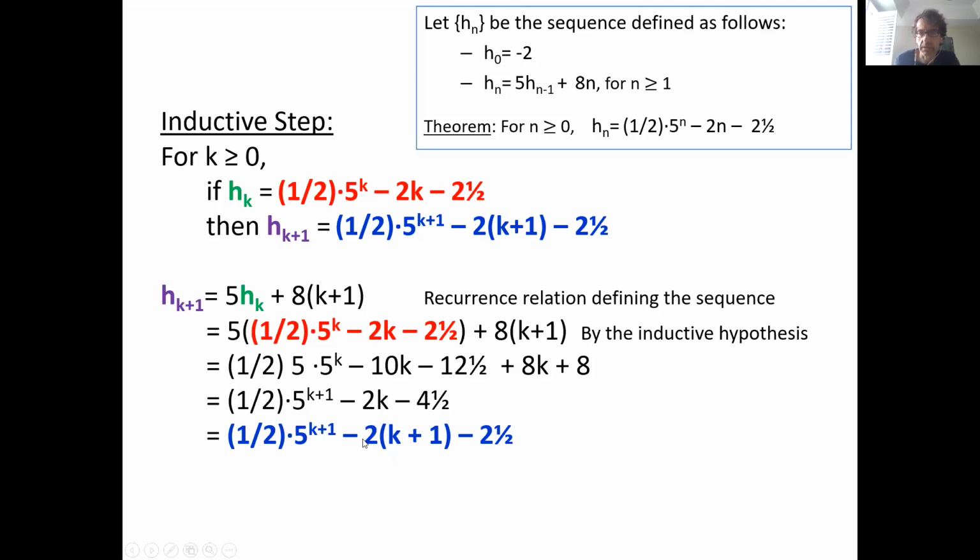This is just arithmetic. So stare at it, and it should be true. And this is not set in stone. Any sequence of arithmetic operations that shows this line is equal to this blue expression, you can do it in a million ways, right?